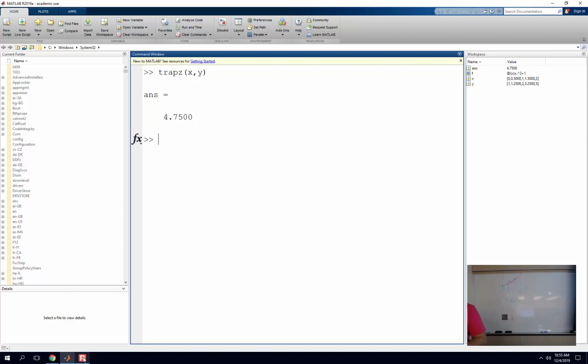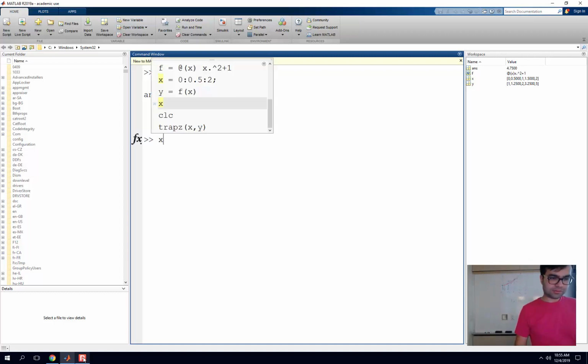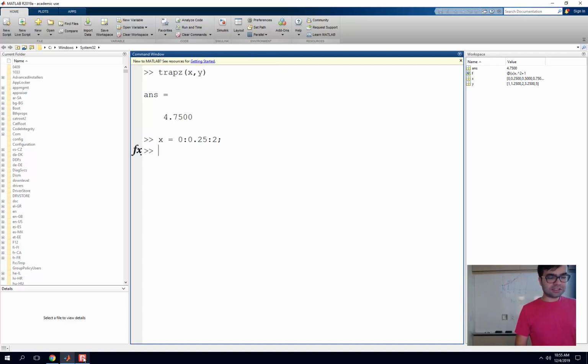How can I reduce that error? Make your x value or your step size smaller. With more x values, if I have more points, this curve basically looks like a line, right? If I have an infinite number of points, that curve is basically the lines that connect the points. So as I increase the number of points, I will decrease the error.